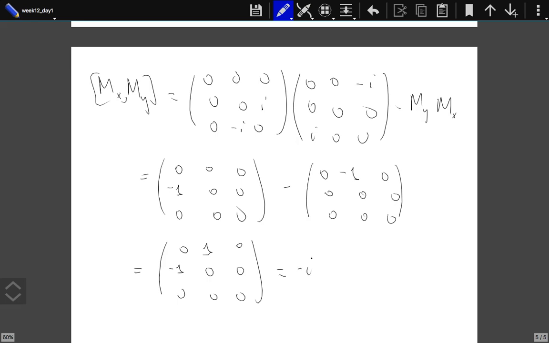No, Sz is minus. So this is I h bar over 2 times plus minus with a minus sign, plus minus plus.